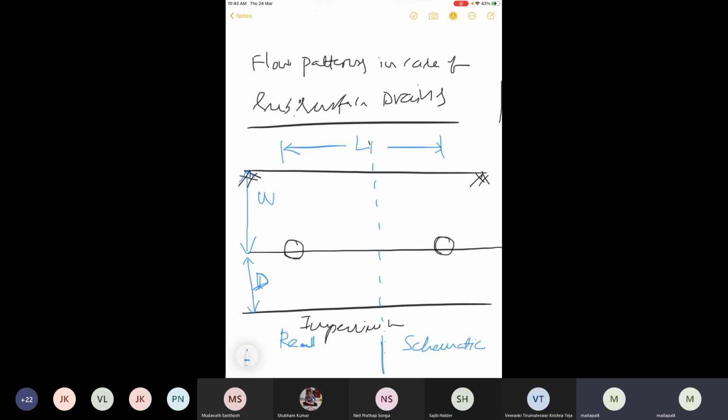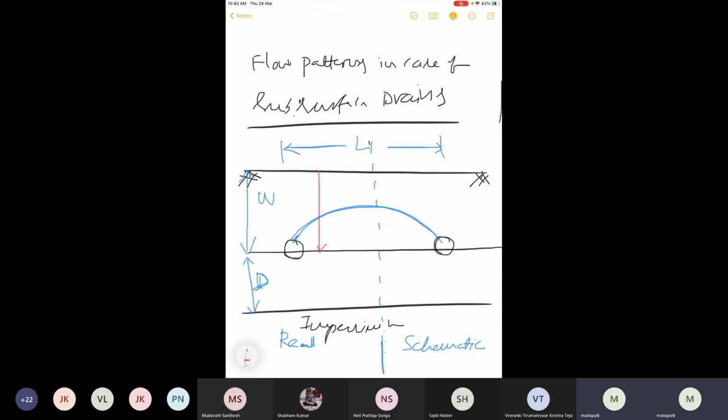Then you would expect a water table. So the drawdown water table will be like this, since it is soil media. In the real field, if you observe the flow patterns and there is a recharge, it goes directly down here.